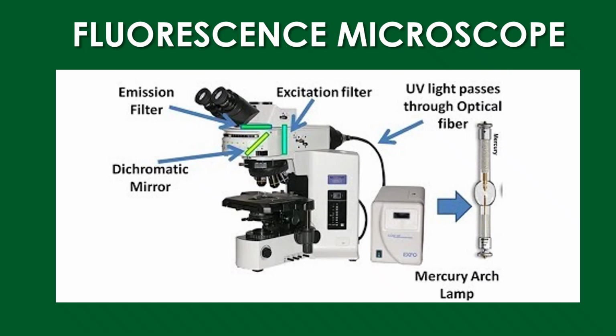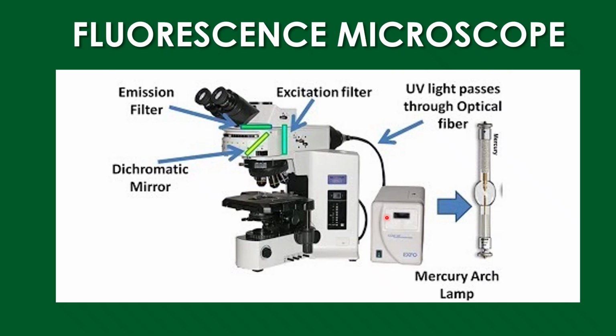First, the mercury arc lamp, which acts as a light source. Second is the exciter filter or excitation filter. Third is the dichromatic mirror. Fourth is the objective lens. The fifth is the barrier filter or emission filter. And the sixth is the normal eyepiece.